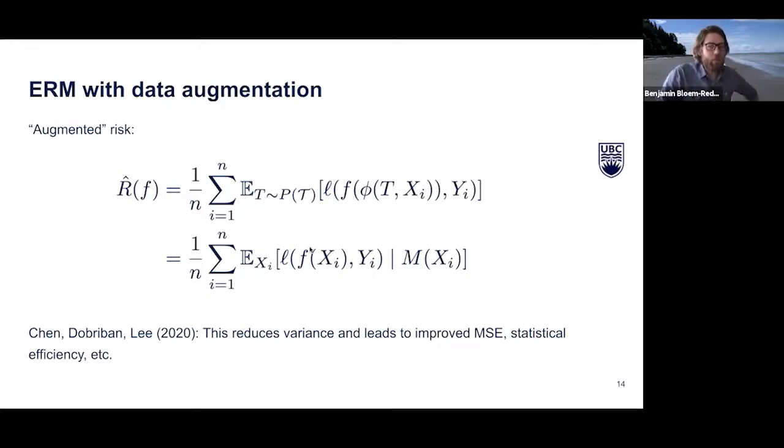The structure here is just that you're taking a conditional expectation with respect to the orbits. This is the same as saying, well, I know my input lies on this equivalence class, this orbit, and so I can just average my loss over that orbit.